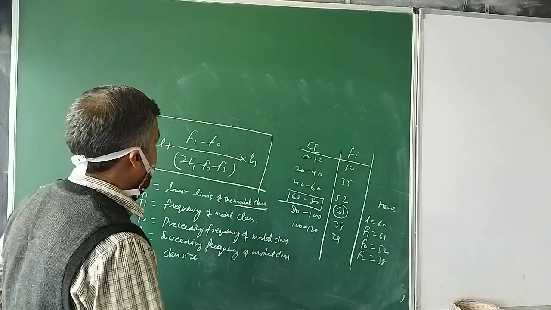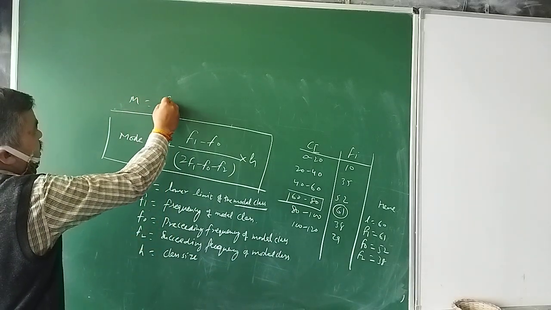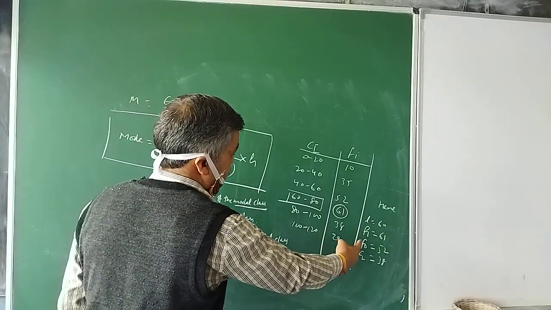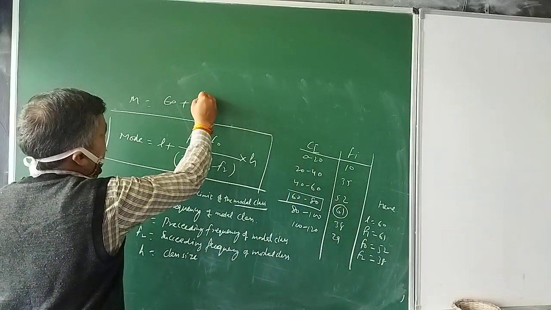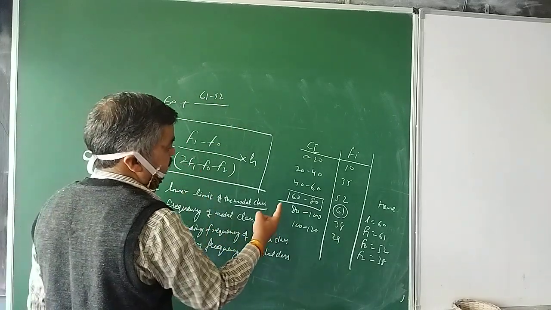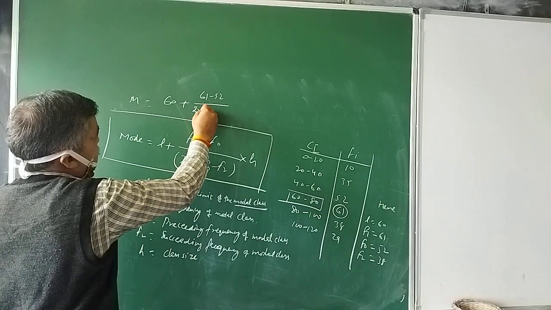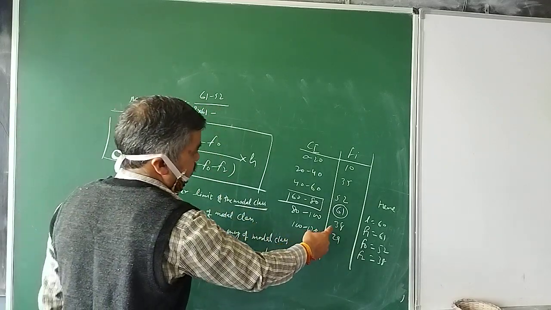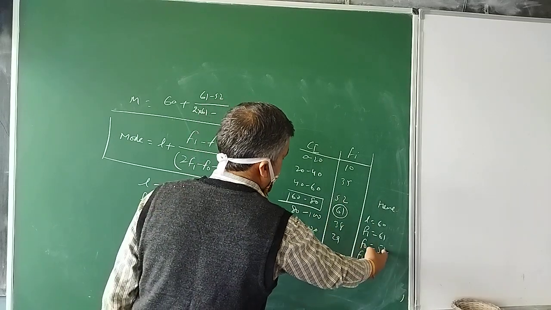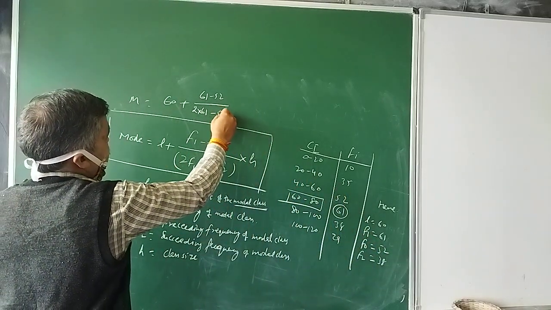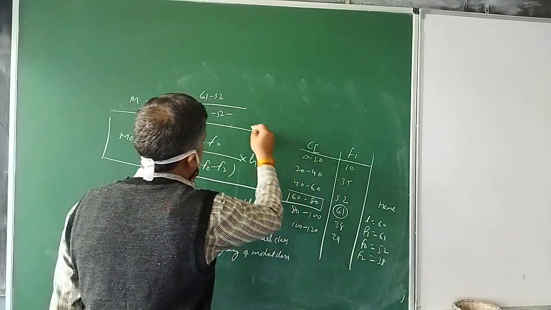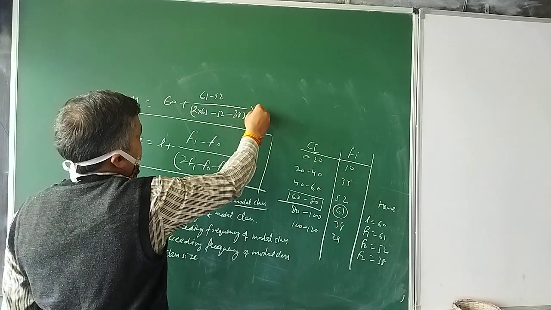So L is equal to 60. To calculate the mode here, you will put 60 plus F1 minus F0, so 61 minus 52, upon 2F1, that is 2 into 61, minus F0, so F0 is 52, and minus F2, that is 38, into the class size.